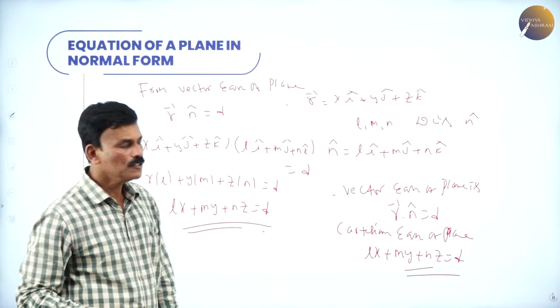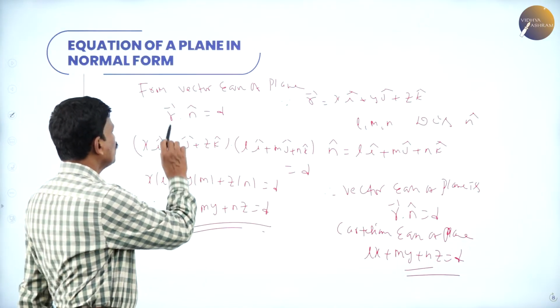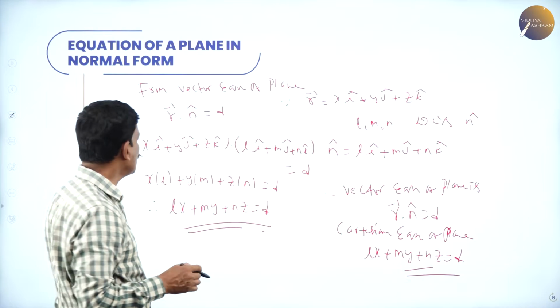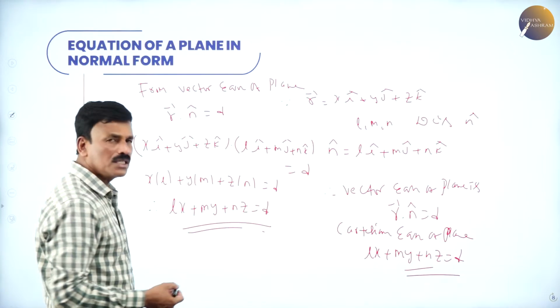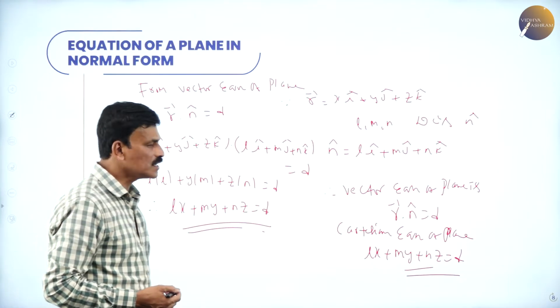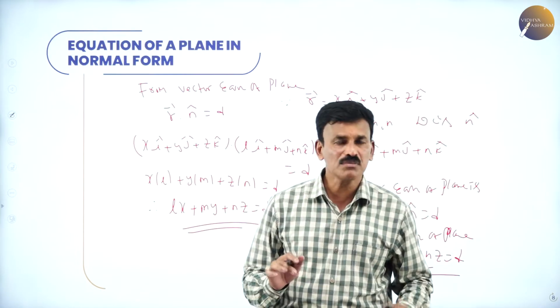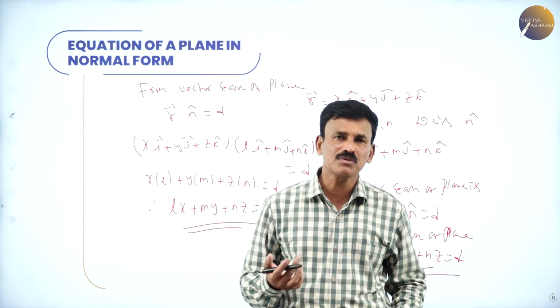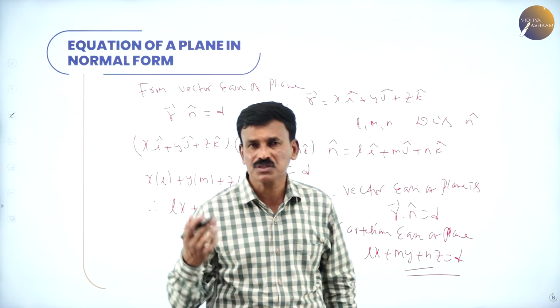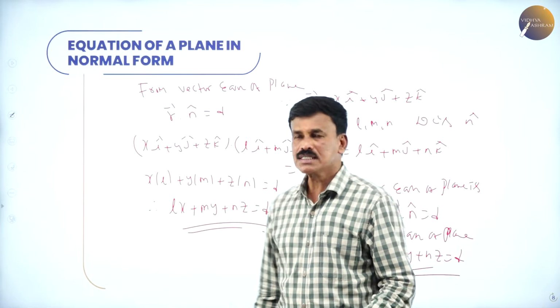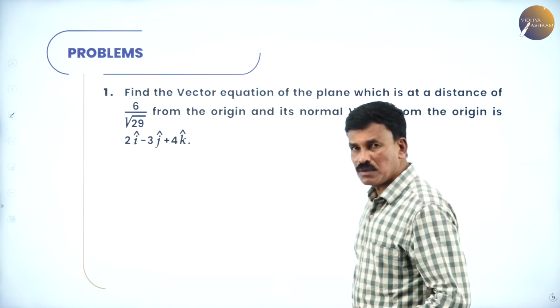Very simple. Just substitute the value of R and N cap. R dot N cap will give us Lx plus My plus Nz is equal to D. You may expect this type of question for 5 marks in the derivation part. Now let us come to the next problem based on this.